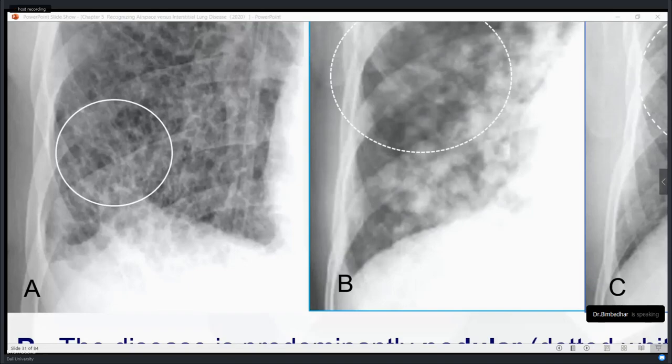Now, if you can look closely into this image, can you still see? Right. Okay. Now look here closely. The reticular pattern usually does not follow a single direction.